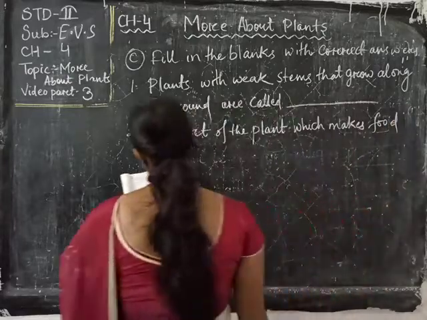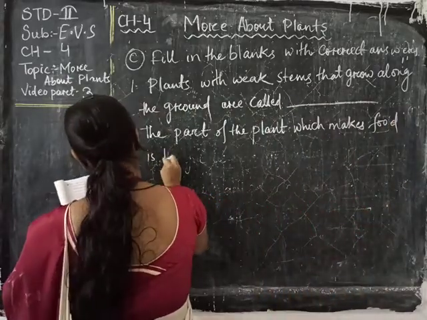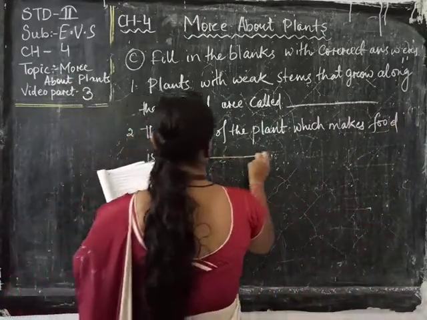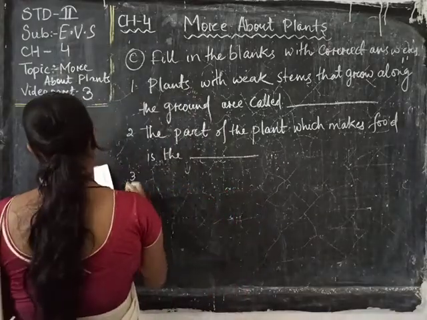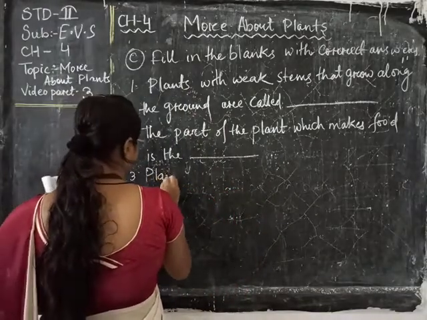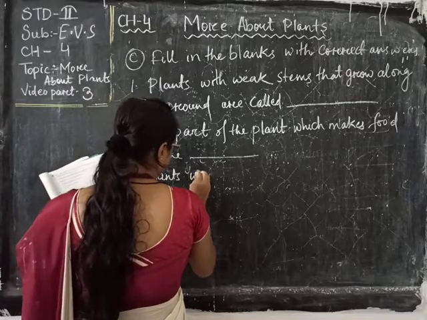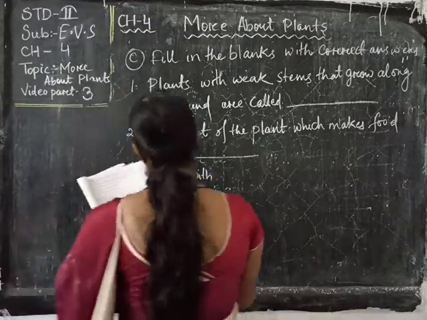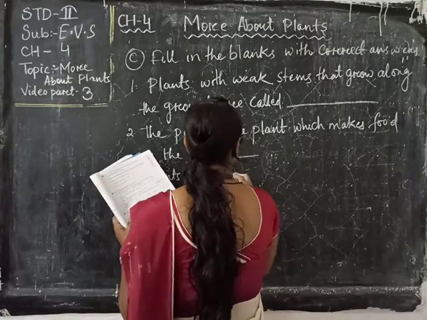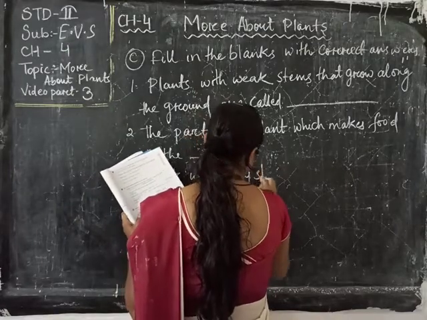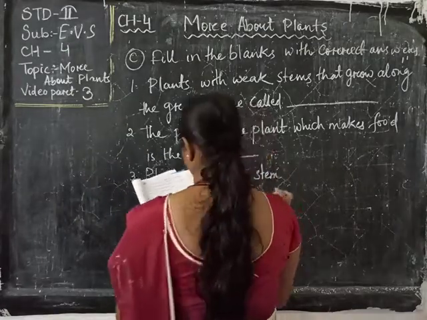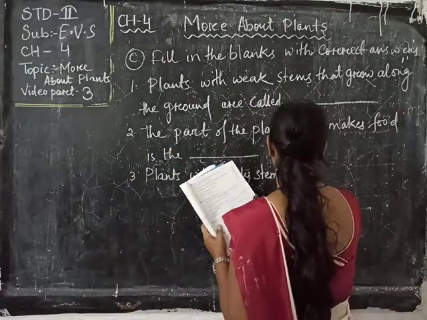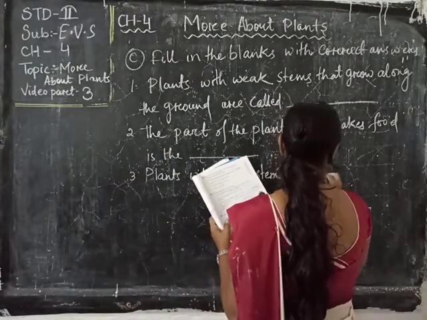Which makes food is the dash. Number 3 is plants with woody stems are called dash.